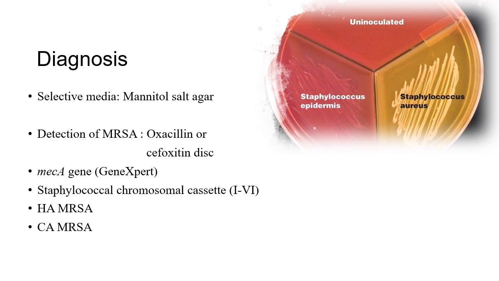So I can use a medium like mannitol salt agar, and what does it have? It has salt, which is making this media selective. Only Staphylococcus genera will be able to grow in a medium which contains salt. So I don't want to waste my time on other bacteria which may be present. I want to just look for Staphylococcus.